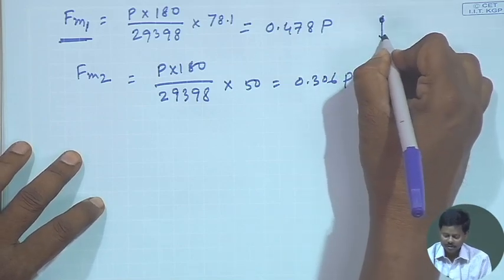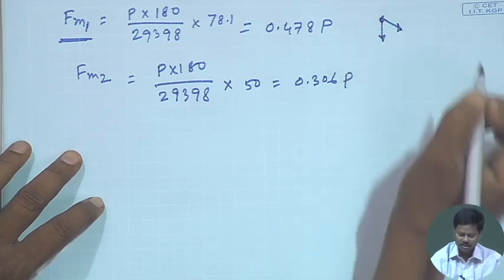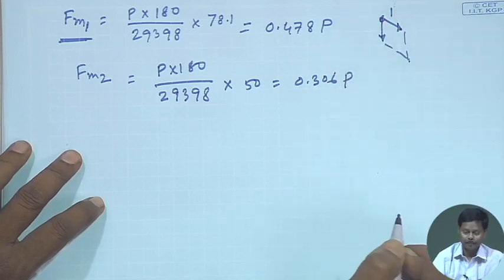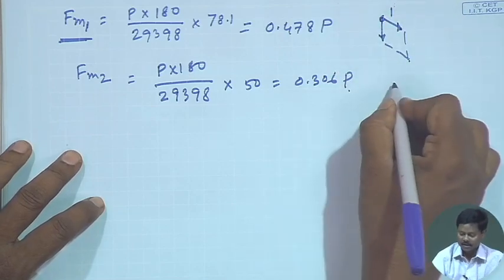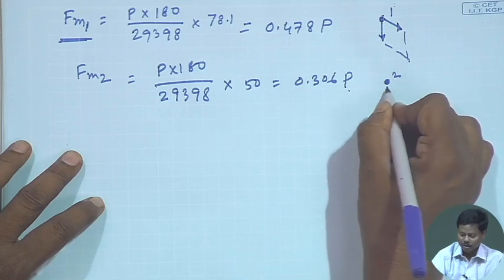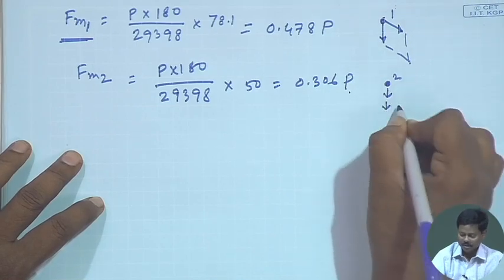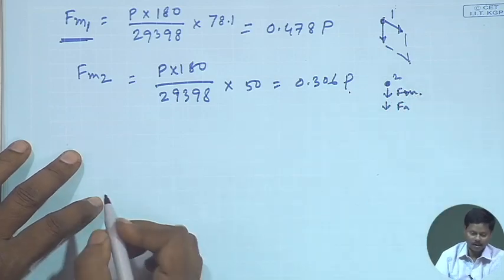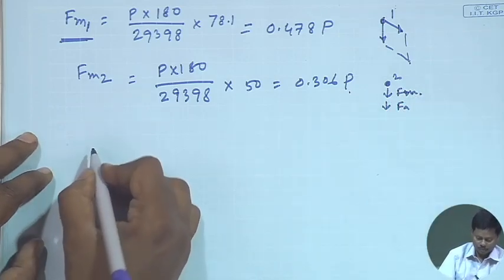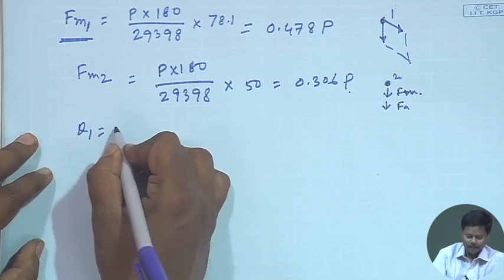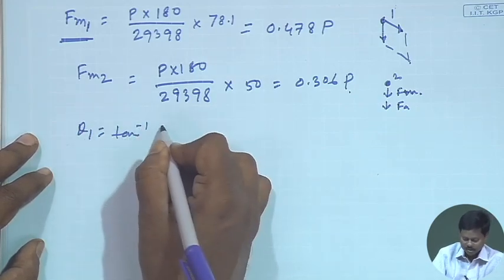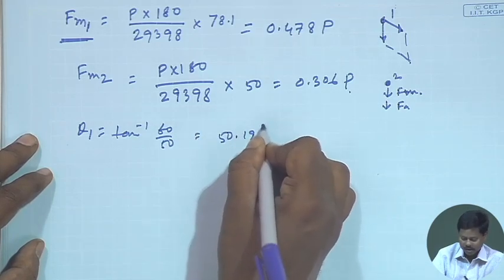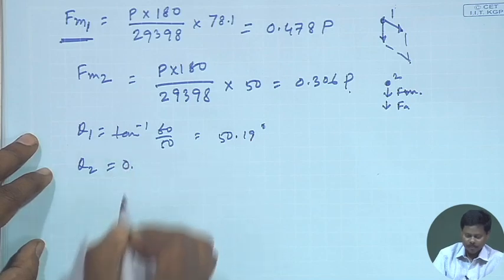So, here the bolt is this. We are providing in this direction one and in this direction another one. So, we have to find out, this is bolt number 1, and in this case for bolt 2 this will be Fm and this is Fa. So, we have to add it, right. Here theta 1 will be tan inverse 60 by 50, so it is 50.19 degree, and theta 2 will be 0.